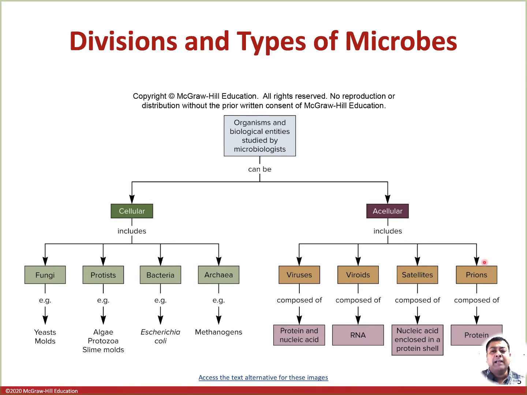On the other hand, the prion is very different. Here we're talking about viruses: protein and nucleic acid; viroids: only nucleic acid, RNA, only in plants; satellites: nucleic acid and proteins. Prions are proteins only. These prion proteins are present in our normal cells, and somehow they get misfolded in the cell and become an infectious protein.